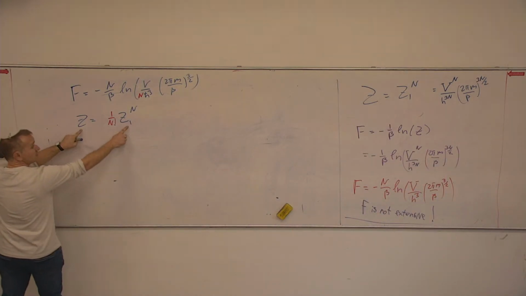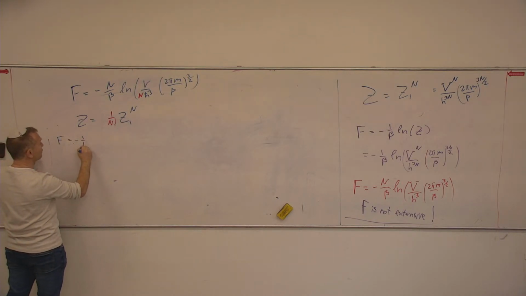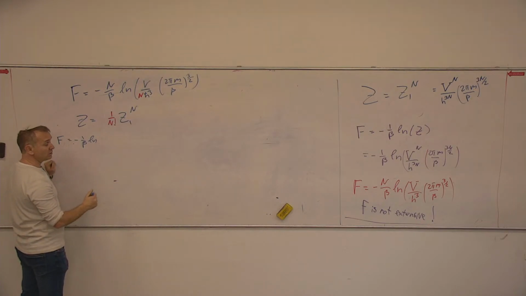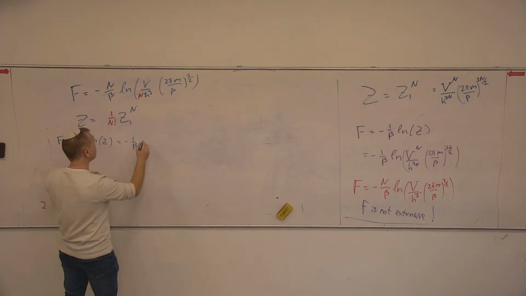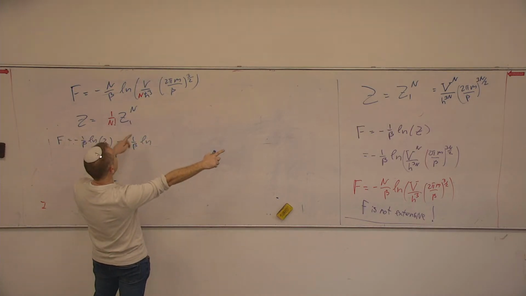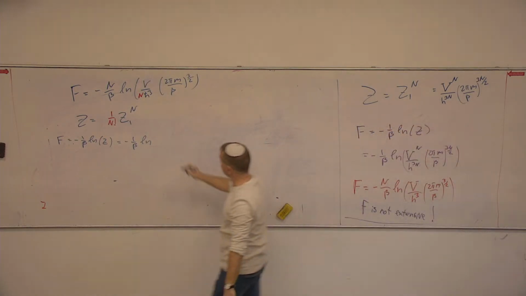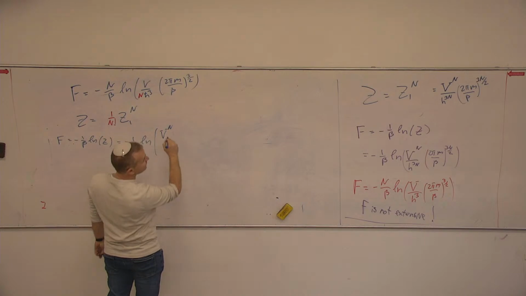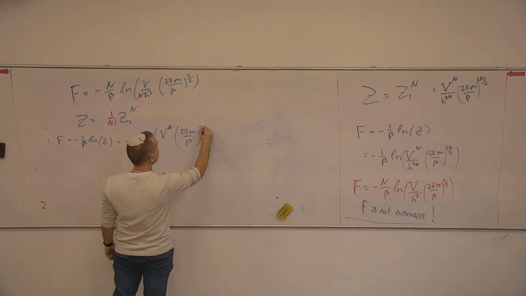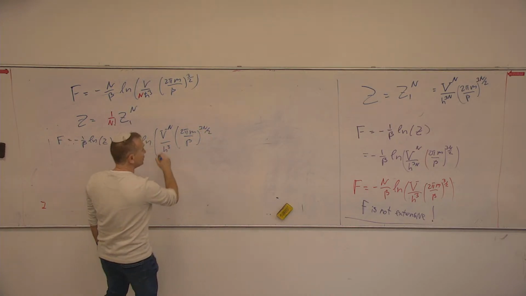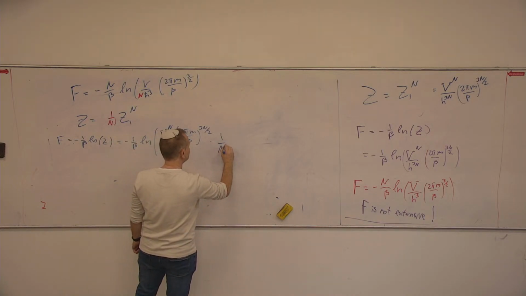So we have F equals minus 1 over beta log of Z, which is minus 1 over beta log of V to the power n, 2 pi m divided by beta to the 3n over 2, divided by h to the 3n, and we have 1 over n factorial.